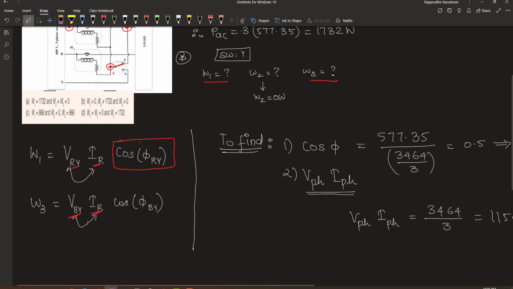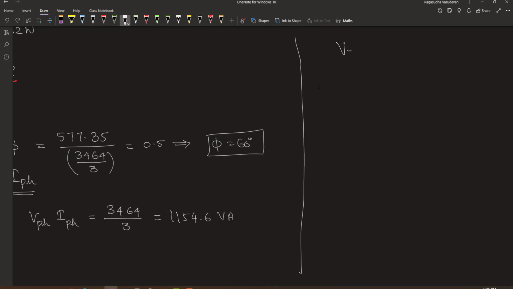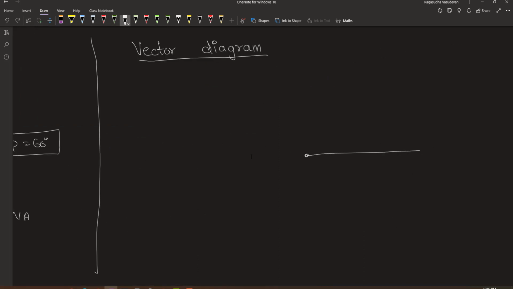Now for that we need to get a better idea of the vector diagram. The phase sequence mentioned is RYB, therefore the R phase leads the Y phase and the Y phase leads the blue phase. The angle between each of the phases is 120 degrees.